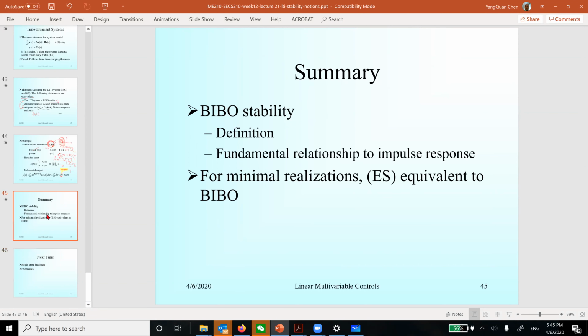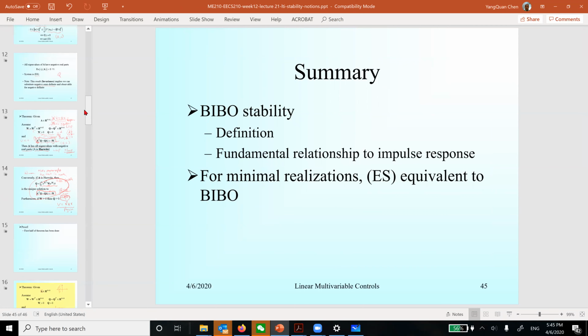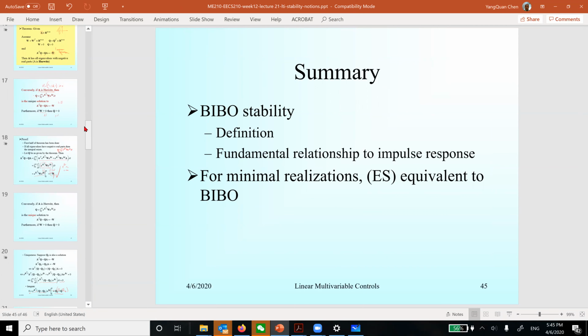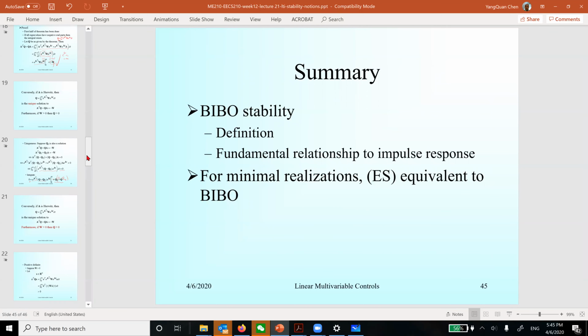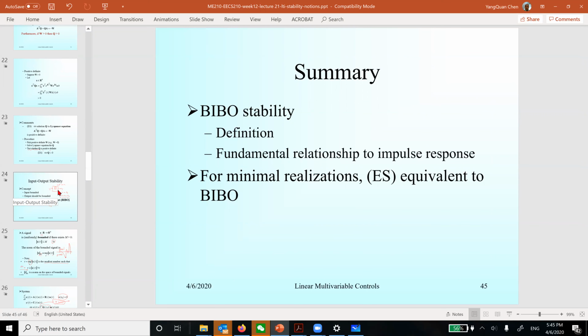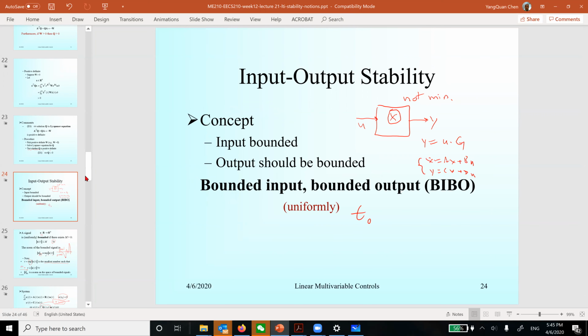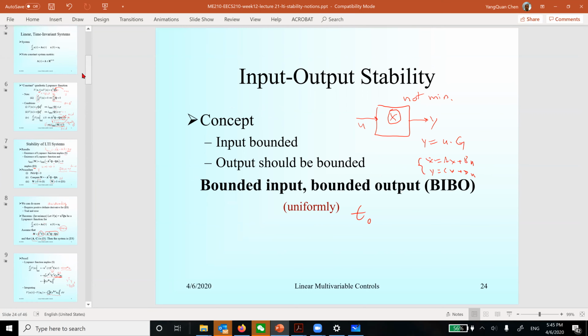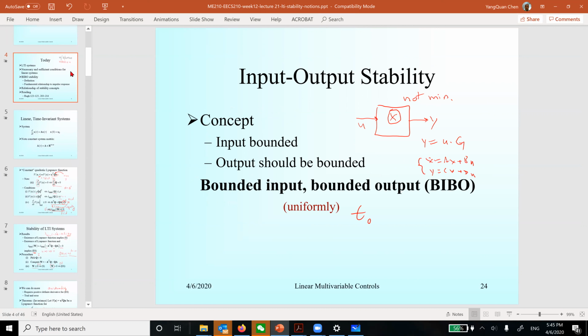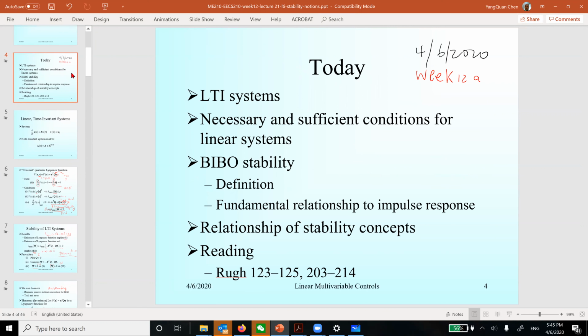And so I want you to see a picture here. What we're talking about from the beginning is equilibrium points and stability.